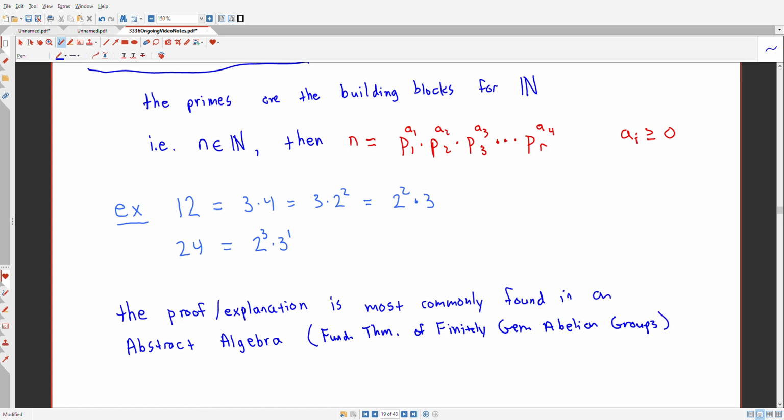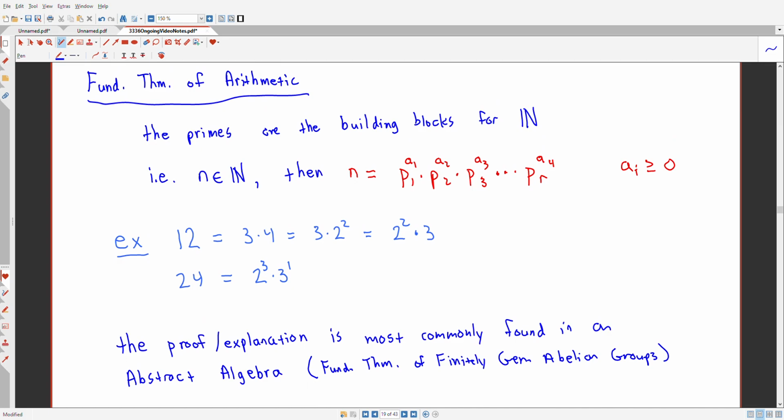And it turns out the proof of this tells you the fundamental theorem of arithmetic. It just tells you in this language of these things called groups, specifically abelian groups. Okay, but for our purposes, we're going to take the fundamental theorem of arithmetic as something we're allowed to think about and use. This we're going to take as a fact about numbers and prime numbers.